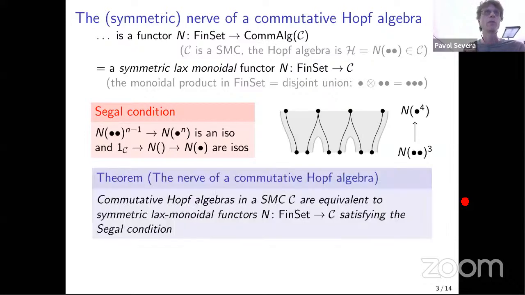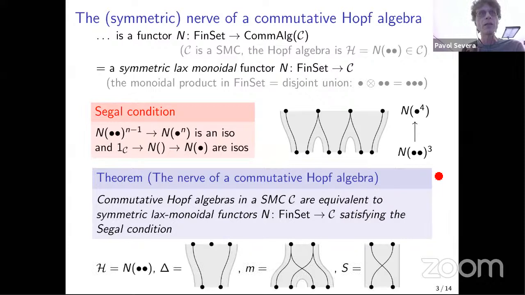Okay. So exactly as for groups, or maybe because it works for groups, as you now explained to us, we can say that commutative Hopf algebras, in whatever is our base category, are just equivalent to those symmetric Lax monoidal functors which satisfy this Segal condition, exactly as for groups. The same thing. And here's how to reconstruct the Hopf algebra out of its nerve.